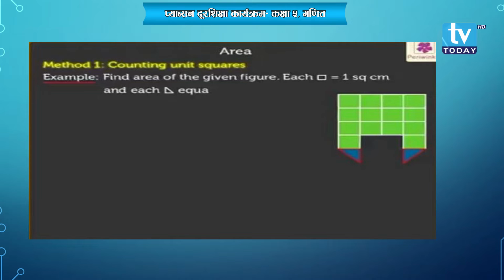If it is kilometer, then that square box will give you 1 kilometer. That depends upon which unit you are taking. So by dividing a region into square form, we can count the number of unit squares, and then we can identify the area of the given picture.